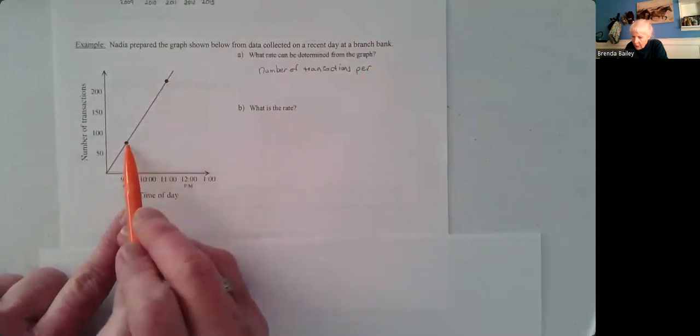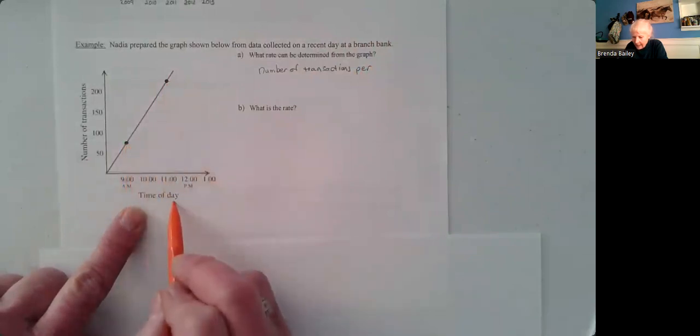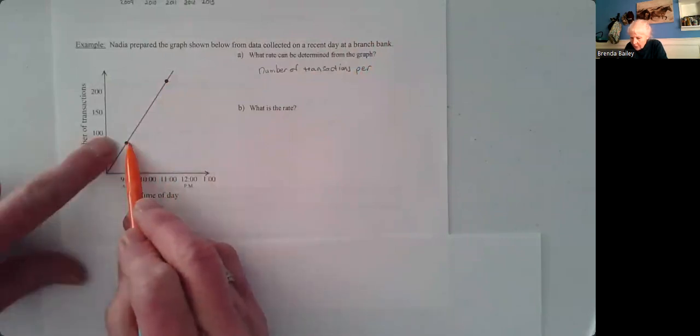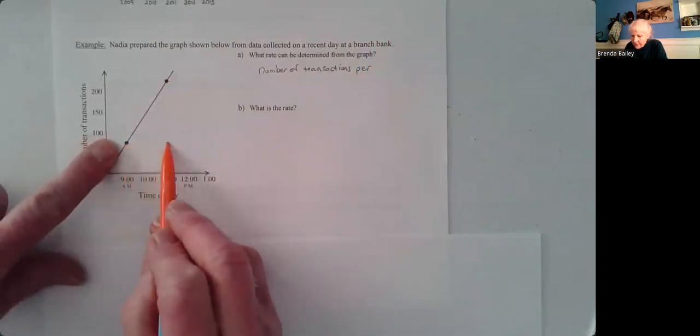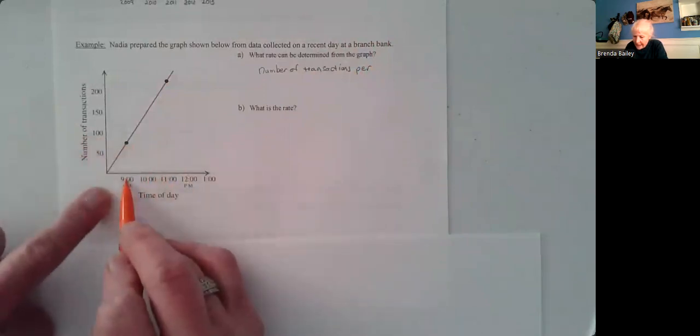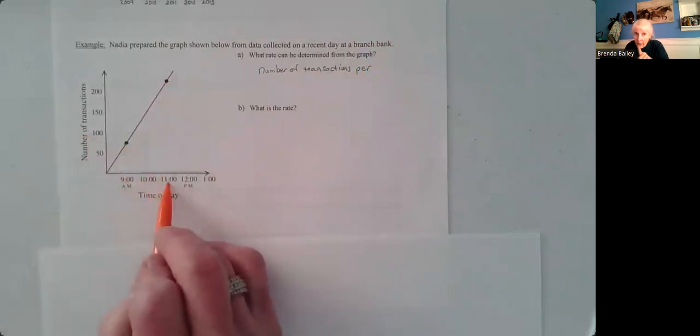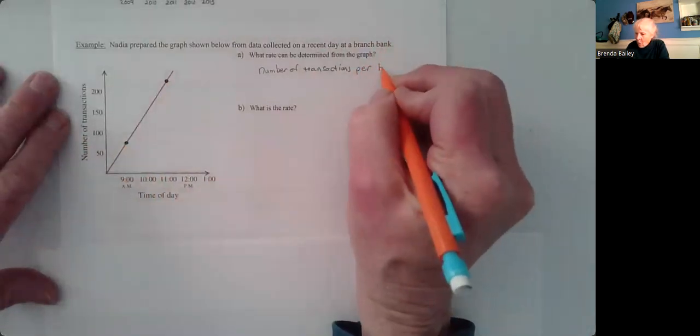And here, it's not day, it's hours. When you subtract to go from 9 to 10, it's 1 hour. And 10 to 11, it's 1 hour. So it's the number of transactions per hour.